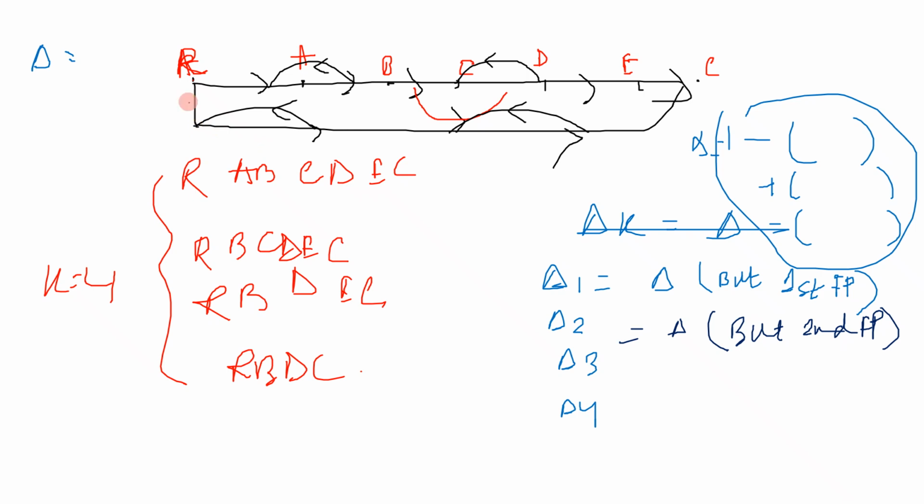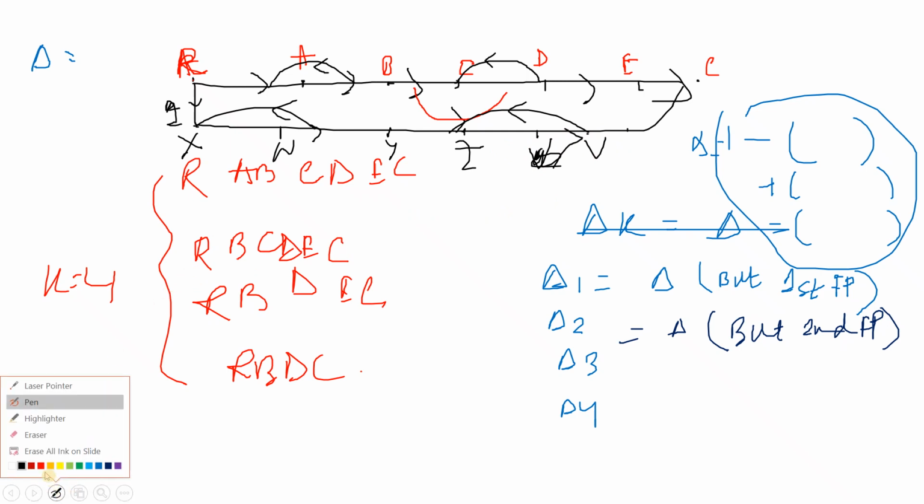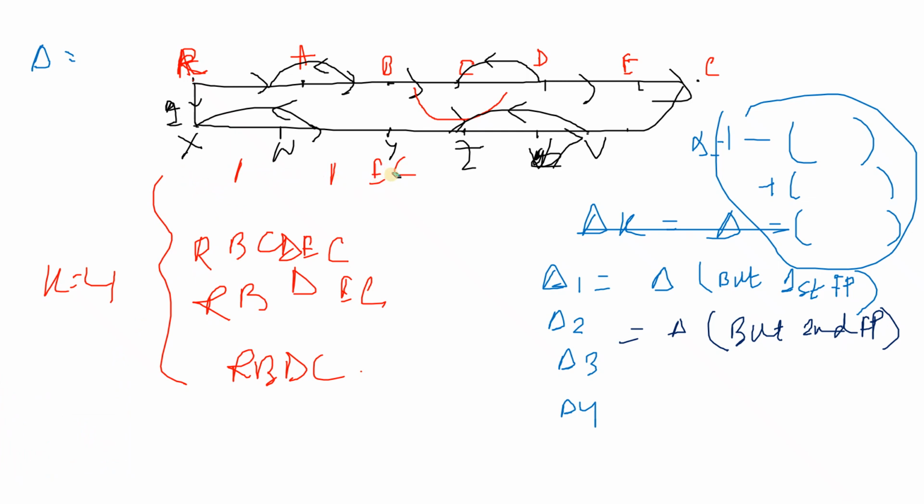Suppose like this, and say this is 1, this is x, this is w, this is y, this is z, this is v. So in this case how many forward paths are there? We have 2 forward paths, क्योंकि यहाँ पर फीडबैक नेगेटिव दिशा पर है.